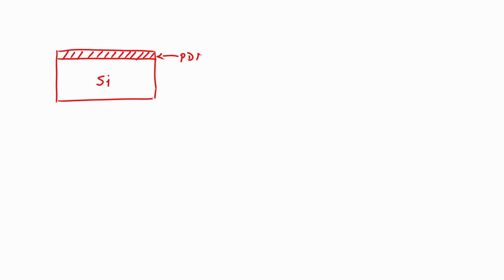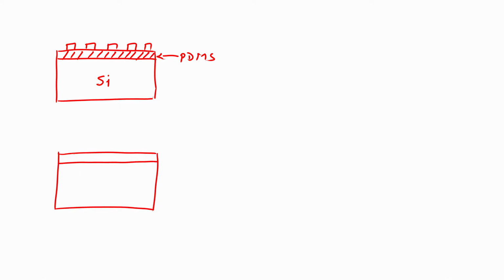This one would be PDMS, and then you have your gold pattern in this way. Now, the next step is that we will spin coat PEDOT:PSS onto this chrome gold, or on the wafer which has PDMS.